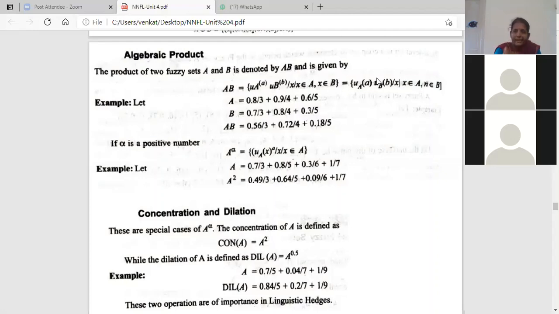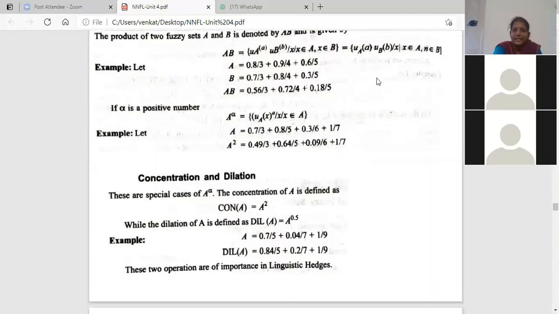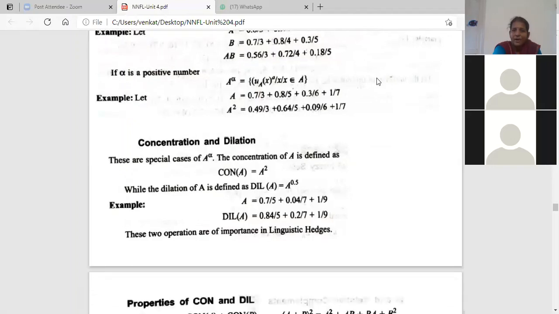So you can define the concentration and dilation. Concentration of A is A square, while dilation is defined as A power 0.5.